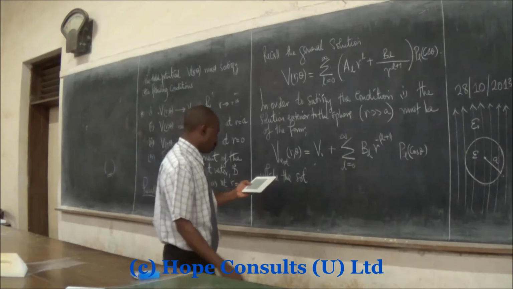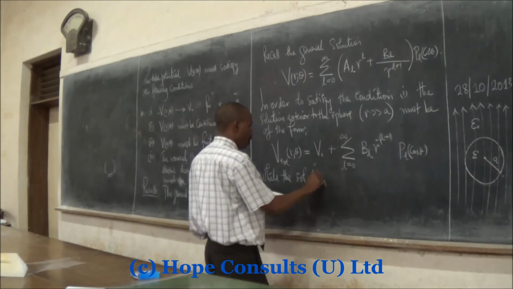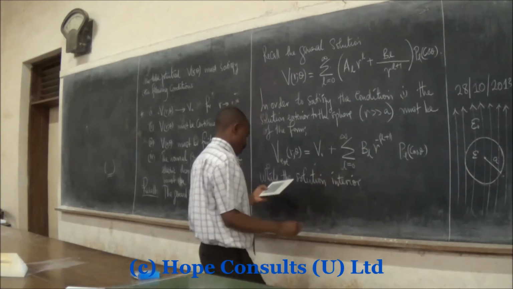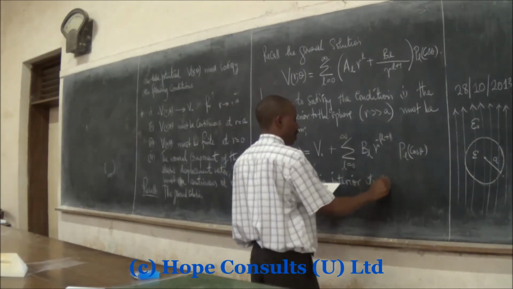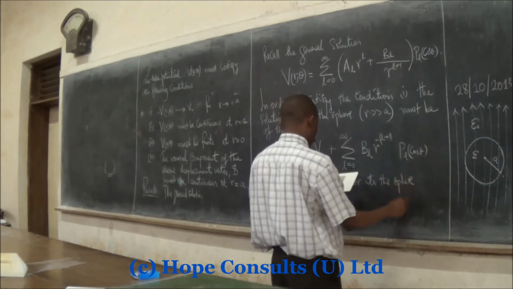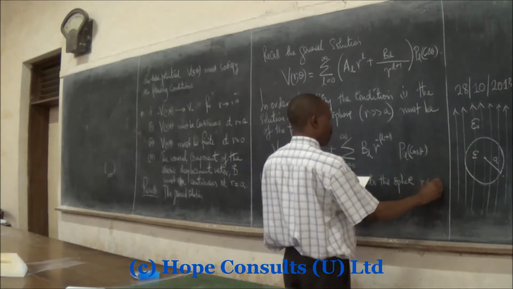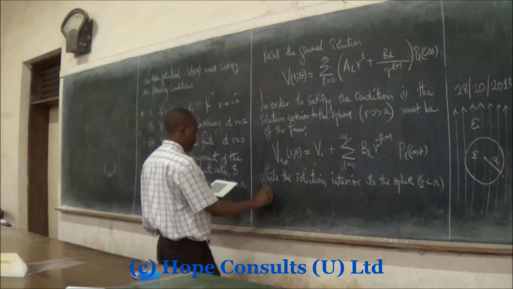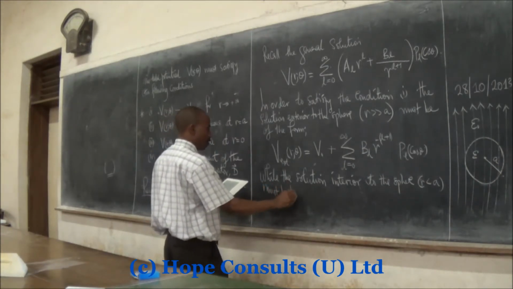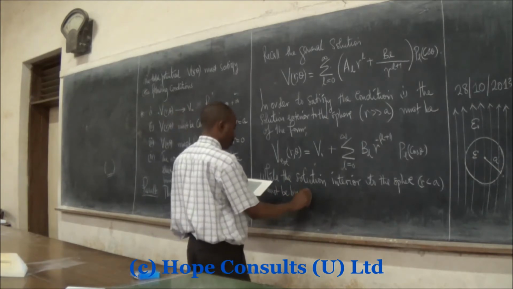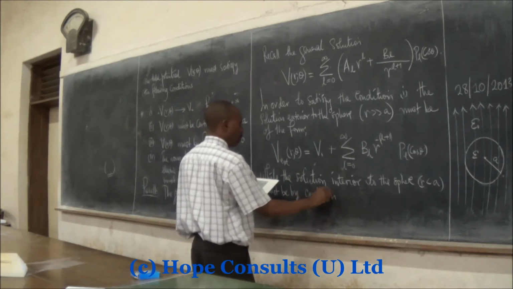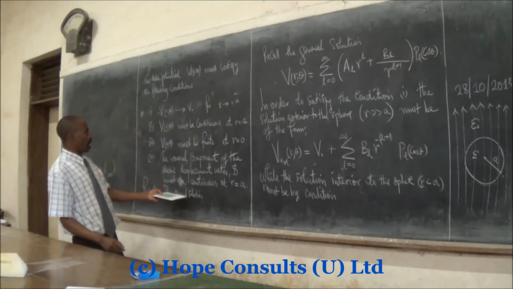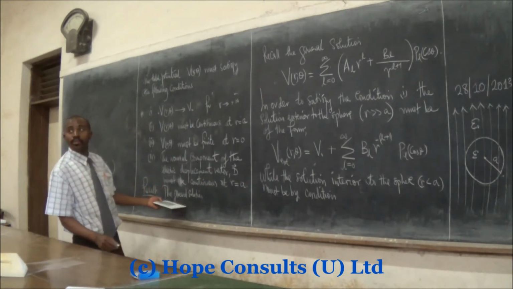So the solution interior to the sphere, that is where r is less than a, must be by using a condition. Which of these conditions helps us be within the sphere?